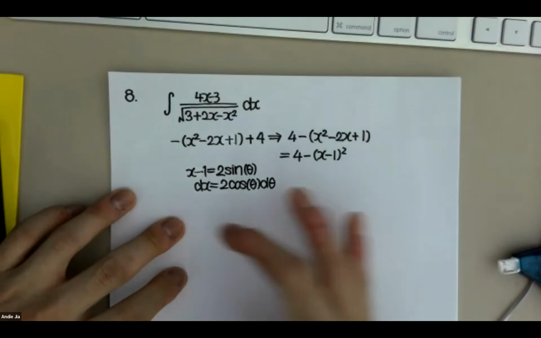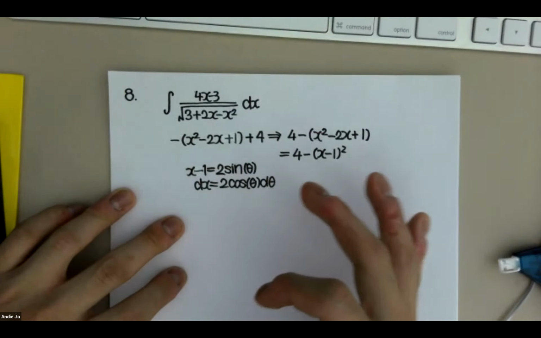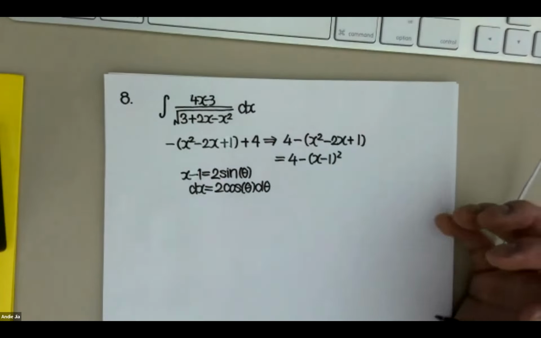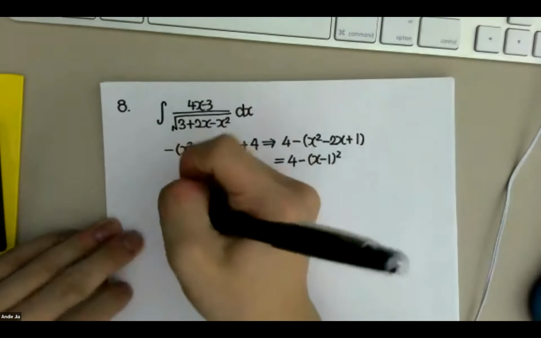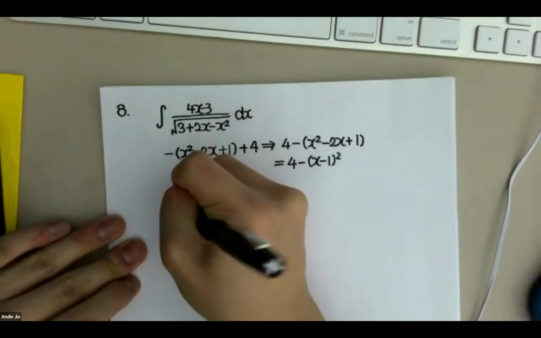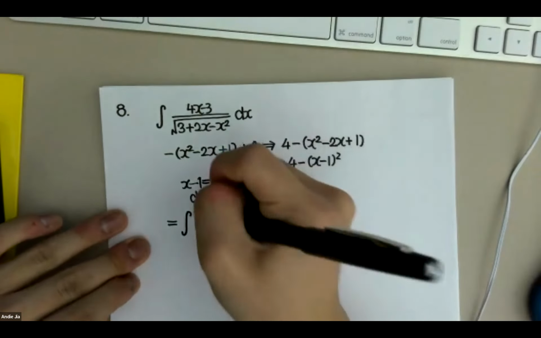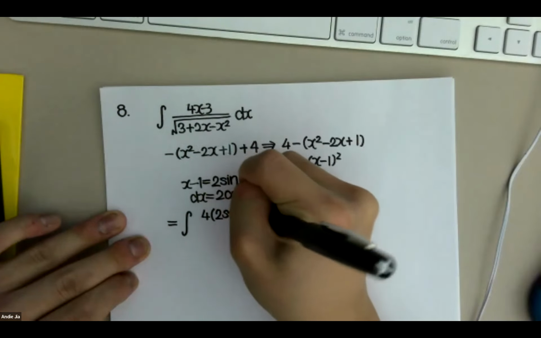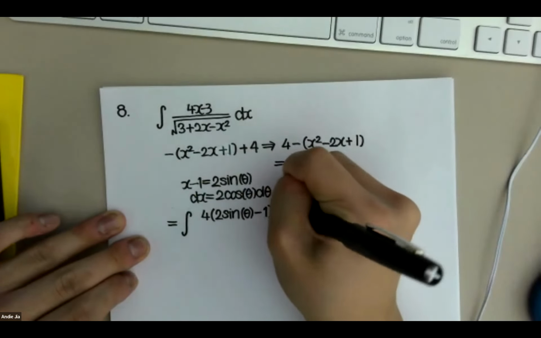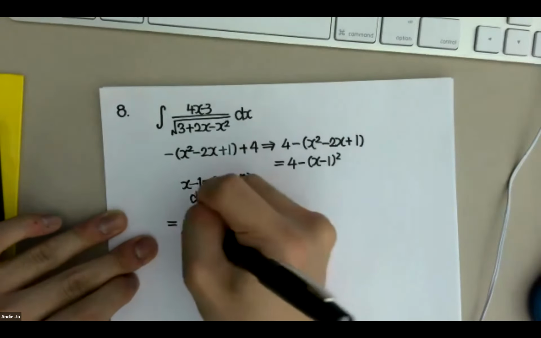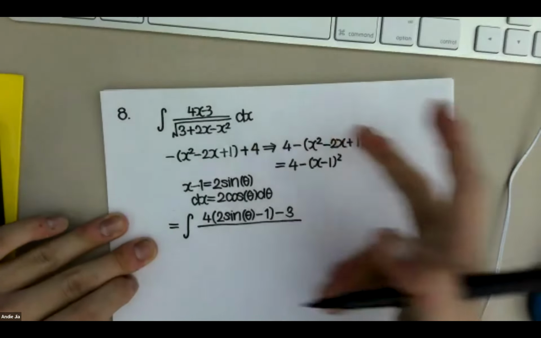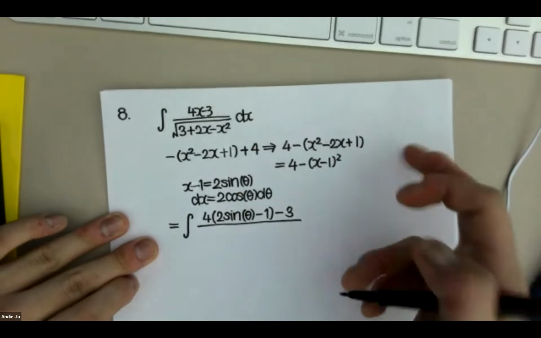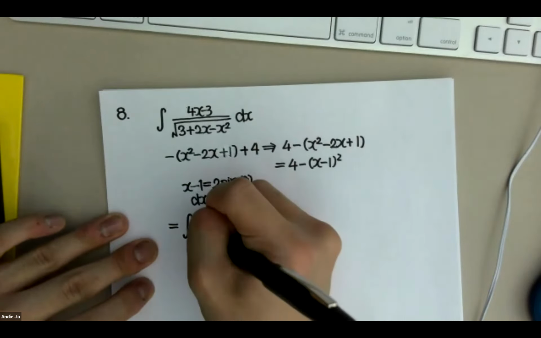Now let's rewrite the integral. If x minus 1 is 2 sine of theta, then x is 2 sine of theta plus 1. Let's rewrite this whole bunch of integral here. 4 times 2 sine of theta plus 1 minus 3. The denominator becomes 4 minus 4 sine squared theta.